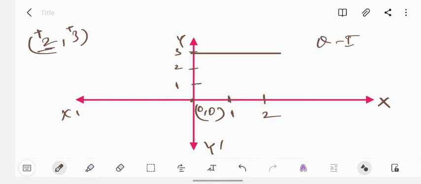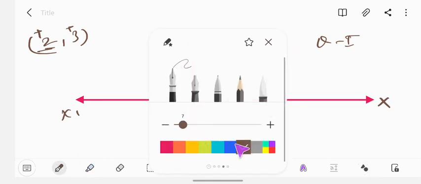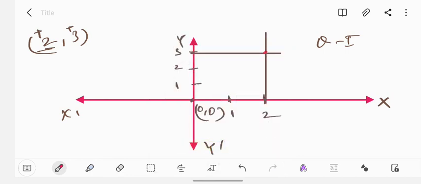And then x is 2, so from 2 draw a line parallel to the y-axis like this. That intersecting point will give you the point 2 and 3. This gives the value of 2 and 3.